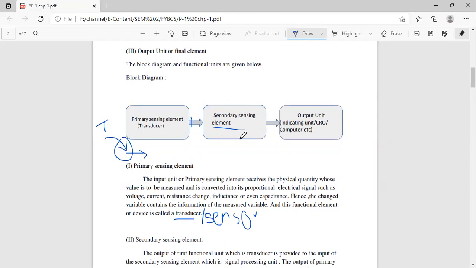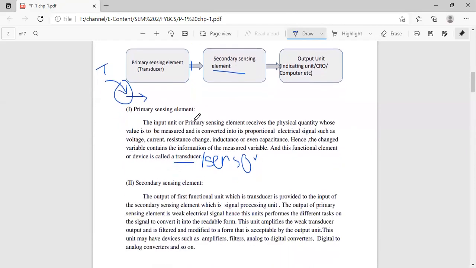And why is that block increasing the strength? Because that small amplitude signal is not able to be displayed on any kind of display. That signal is not capable of producing any kind of display input, right? That is why we are increasing its amplitude, its strength.